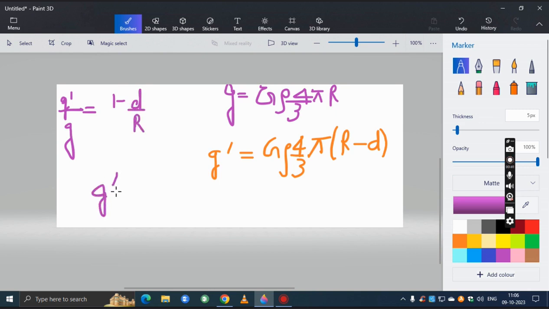So g dash is equal to g into 1 minus d by r.